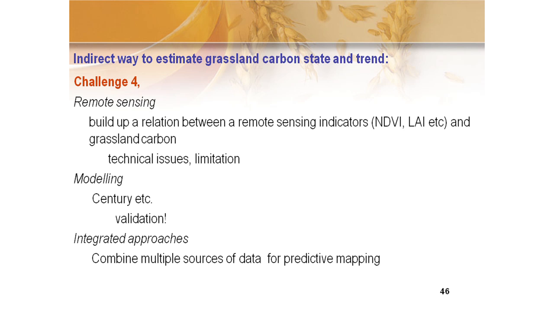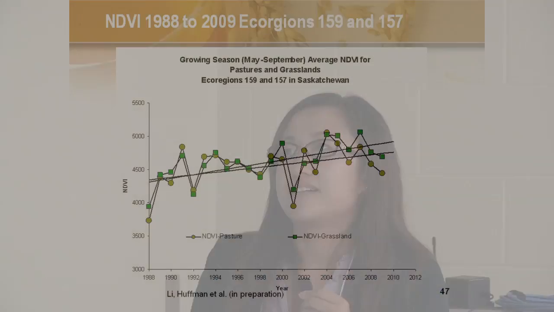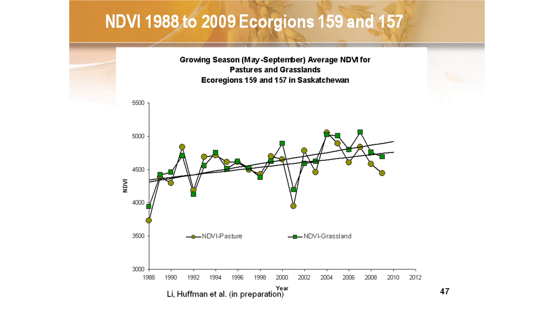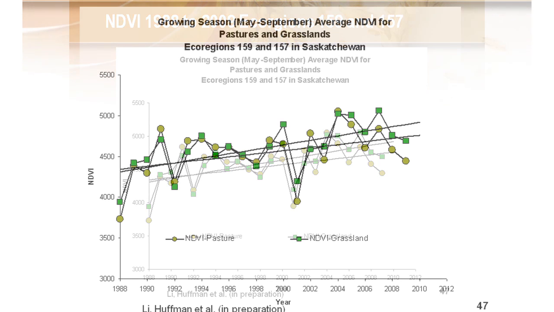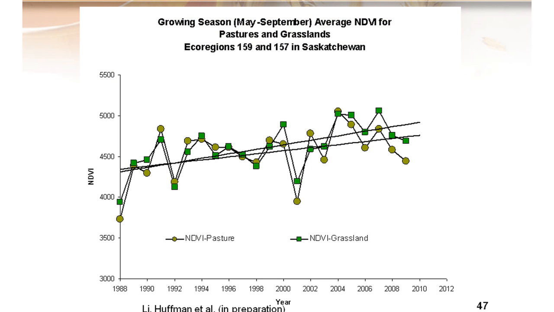I think this is the method people are using most right now, but there are still a lot of problems we need to figure out. For modeling, validation is a really important thing. One of the areas with potential is using different vegetation indexes and relating them to carbon. This is some work that Julie and Ted have done, and actually Julie has a poster out there.